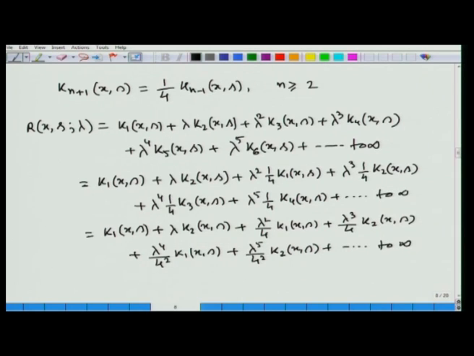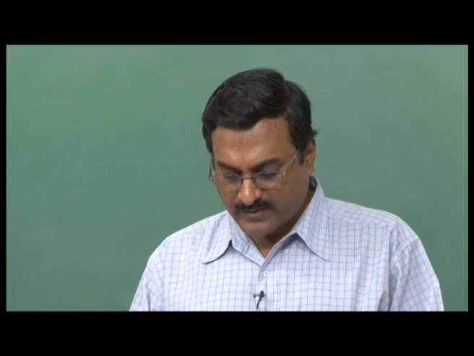So, we have one set of terms where k1(x,s) is there and other set of terms involving k2(x,s).